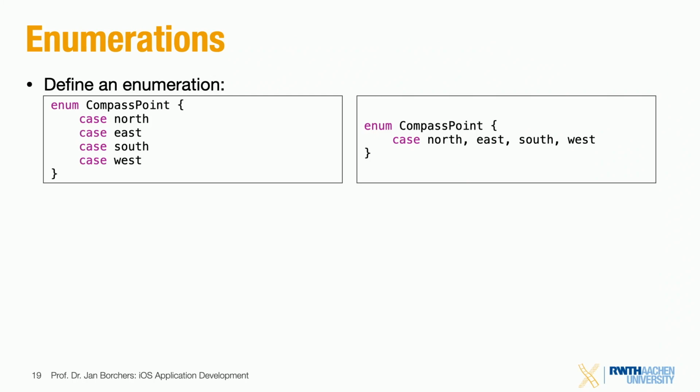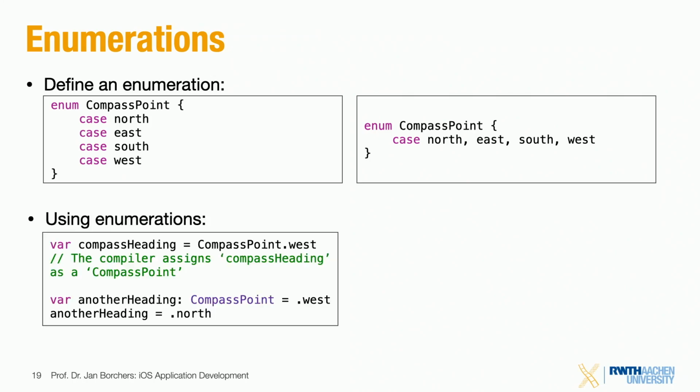And whether I do it individually, case, or have just one case and separate them by commas, doesn't really make a difference here. And what this allows us now to do is to use the compass point with these specified cases that I can set. So for example, I have a variable compass heading, and I set it to compass point .west, because that is one of the specified cases that a compass point can have.